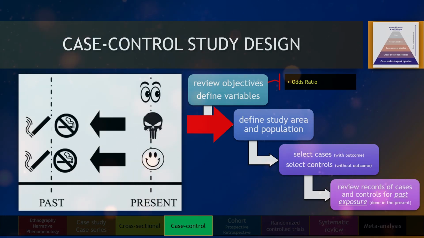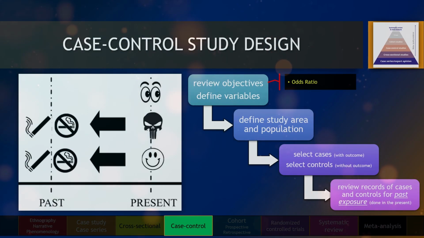Next, you then define your study area and study population, but only broadly. Since case control studies are often used to study rare outcomes, the study population is often more contained. Usually, the study population are people with a rare condition of interest and those near them, in this case, those with superdiabetes and the people around them.